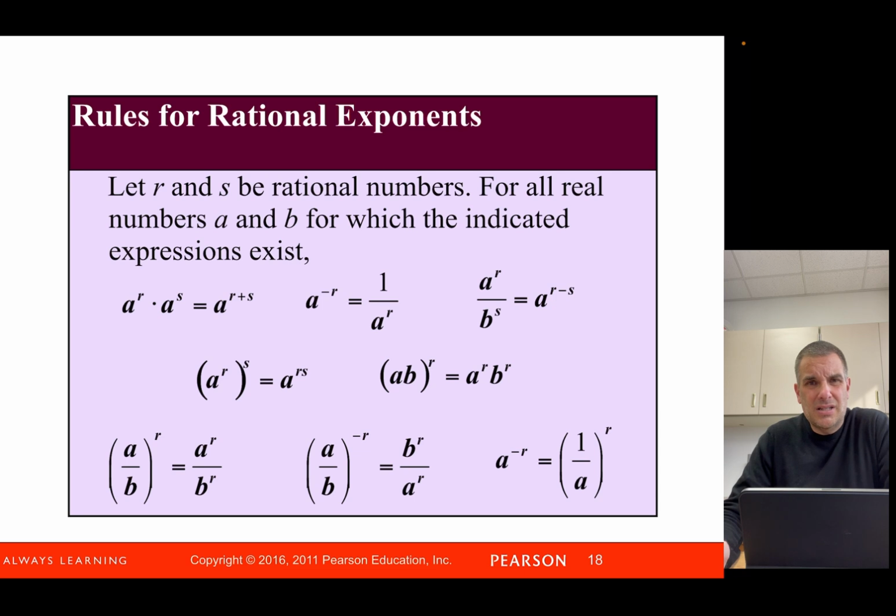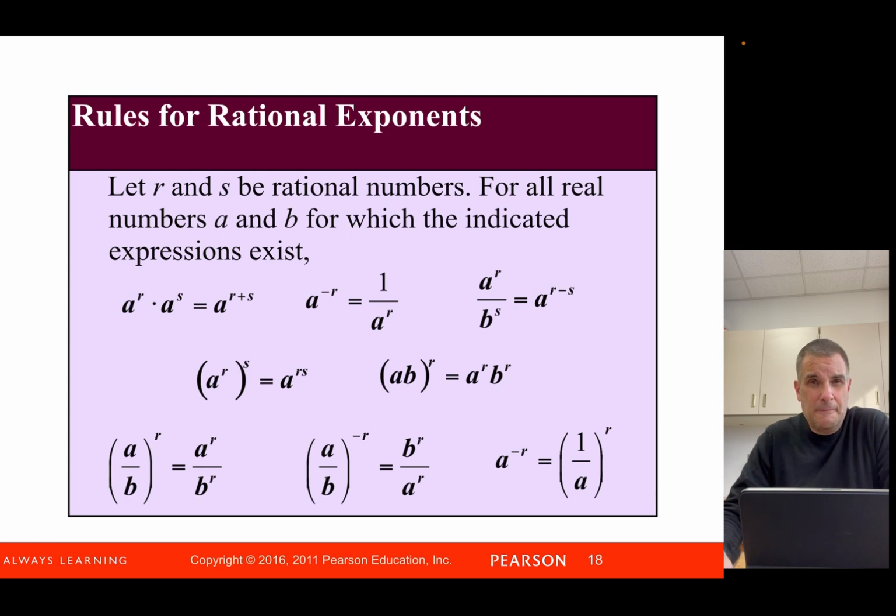So when we're talking about rational exponents, we're talking about a base to a power. And we've talked about that before, but when we're talking about the different rules, let's say that r and s are rational numbers, for all real numbers a and b for which the indicated expression exists.